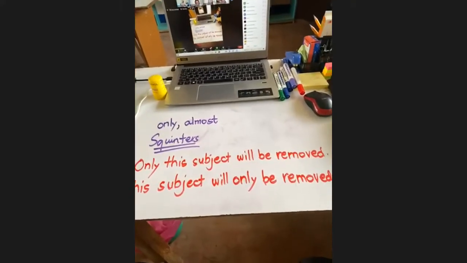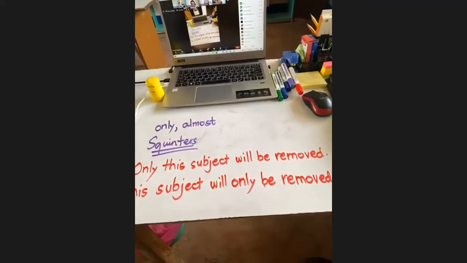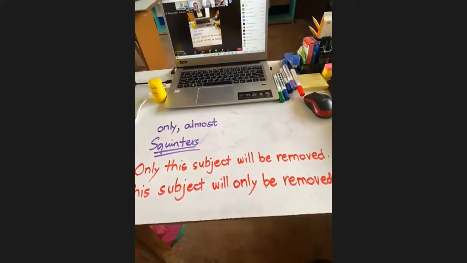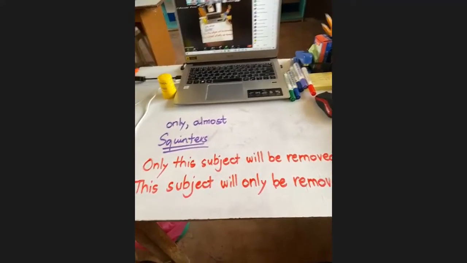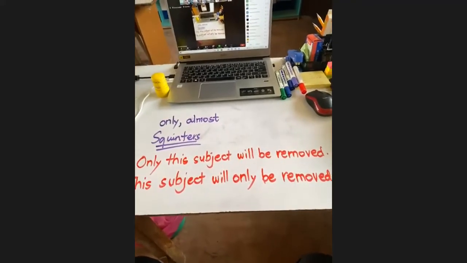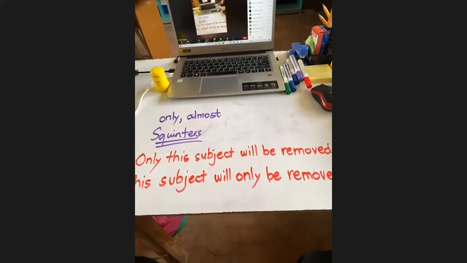Squinters at times may not necessarily qualify as misplaced, but if we have a good idea of what the sentence supposedly means, then we should know why it's misplaced at that point.